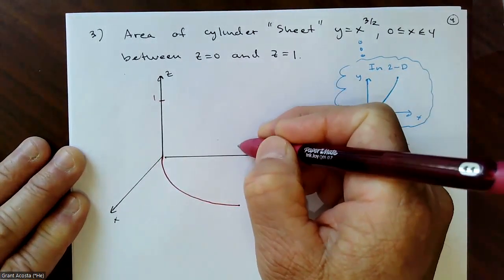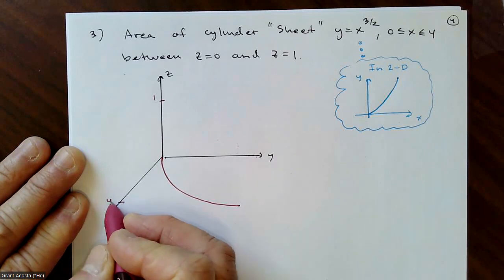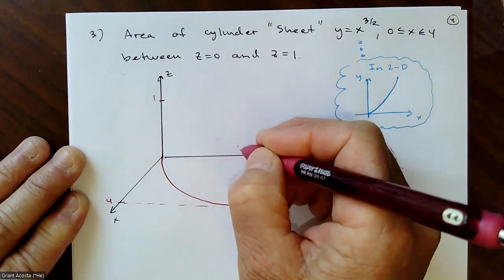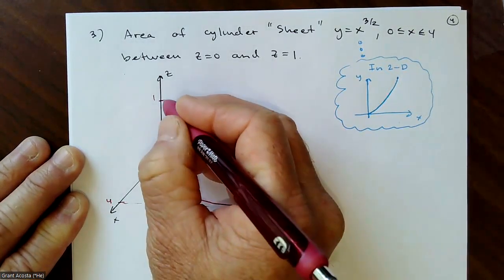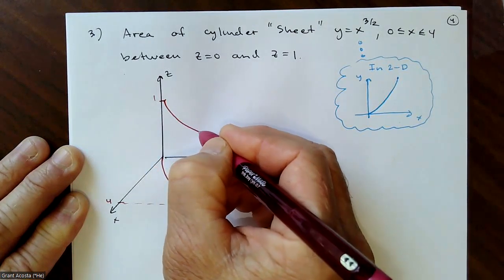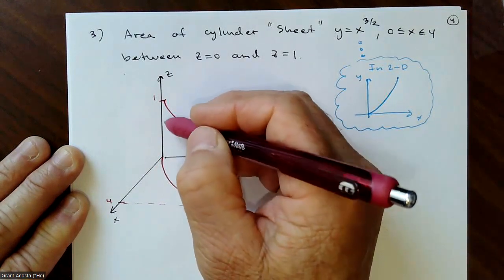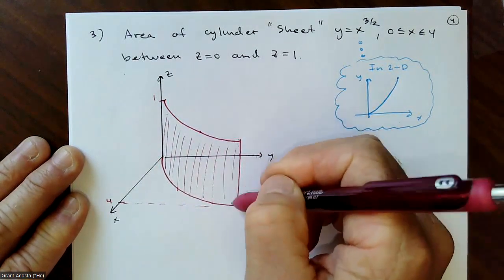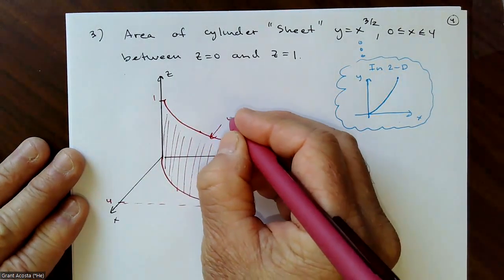And let's say this is 4 right here. So maybe if I do this, this would go straight up. And I'm going to try to draw the same there. There we go. So this sheet right here, it's like a curved piece of paper, right? That's what we want to find the area for.